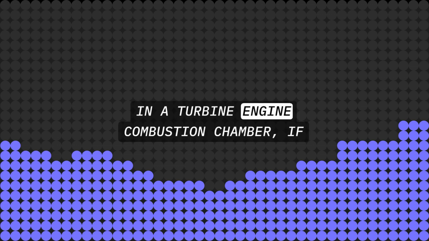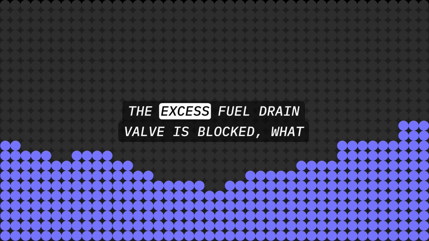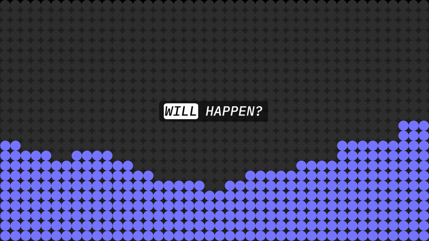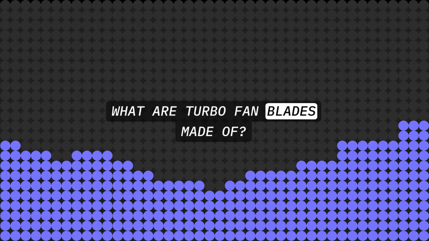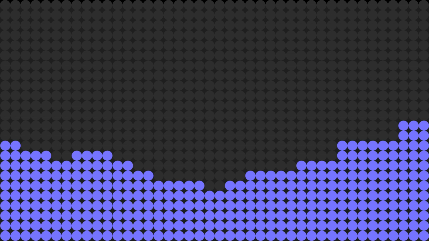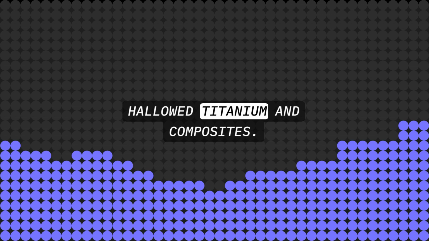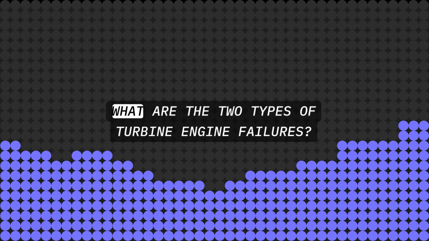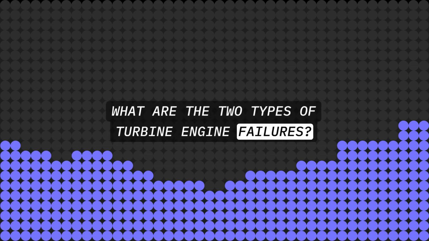In a turbine engine combustion chamber, if the excess fuel drain valve is blocked, what will happen? Fire. What are turbofan blades made of? Hollowed titanium and composites. What are the two types of turbine engine failures?